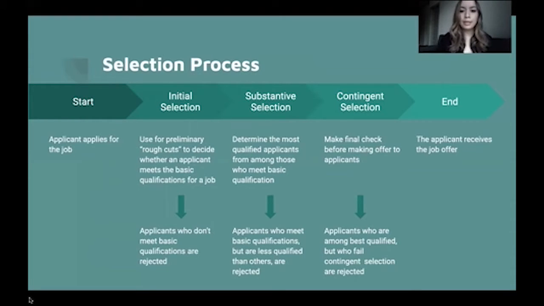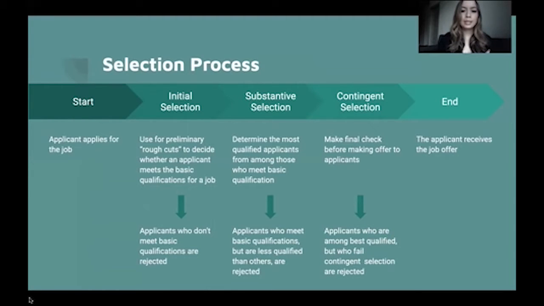In this step, they use initial selection for preliminary rough cuts to help decide whether the applicant meets the basic qualifications for a job. Examples in this step can be application forms and background checks. If in this case, the applicant doesn't meet the basic qualifications, they are then rejected. If they do, they move forward with the substantive selection process.